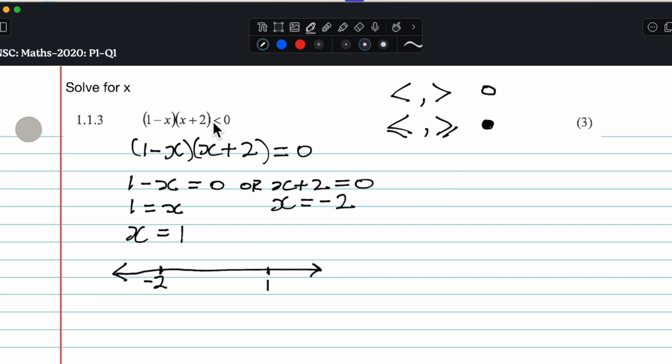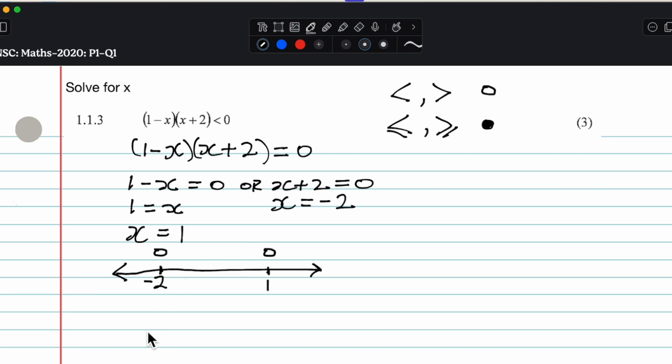Now in this case we have less than, so we use an open circle on both our critical values, right there and there. Okay, now we need to know which direction we draw our arrows. Do they go outwards, or do we draw them between the critical values?